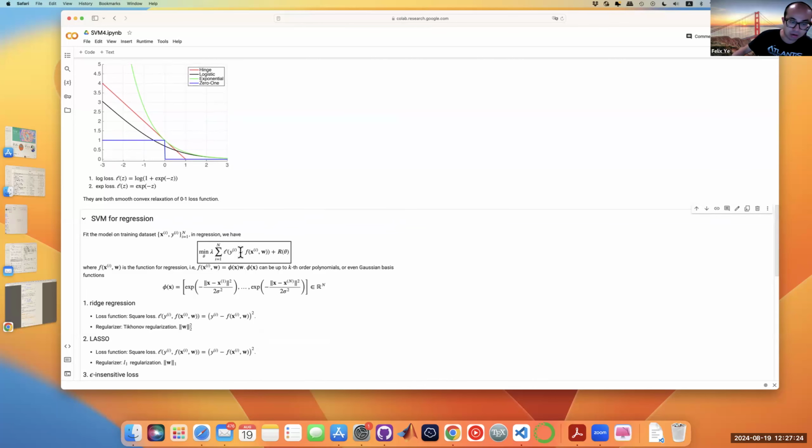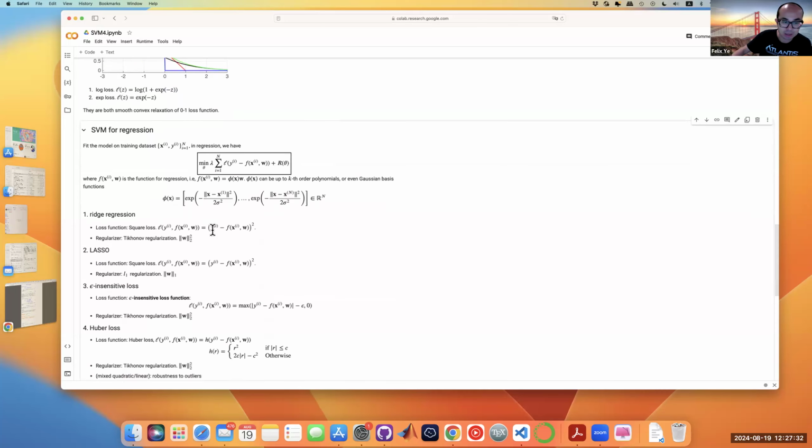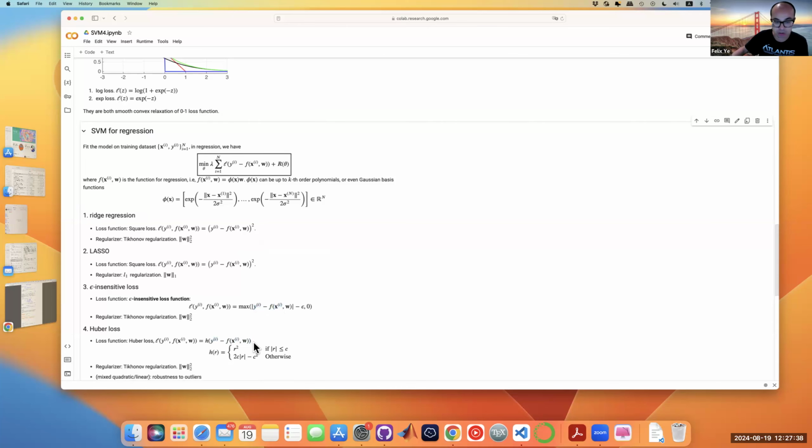So what you should put in is actually the residue of the regression model, as shown right here. These are all residues. The residue is the input of my loss function in regression problems.